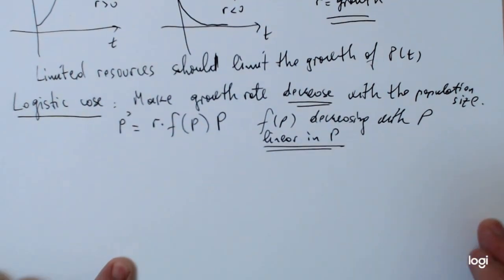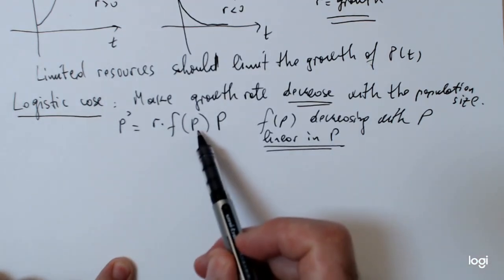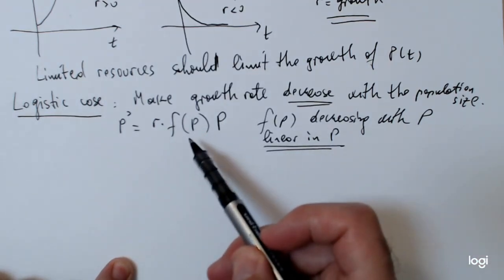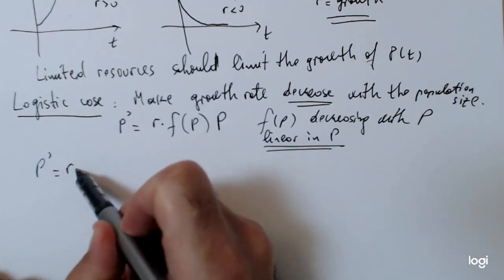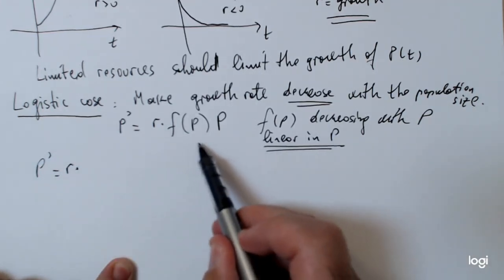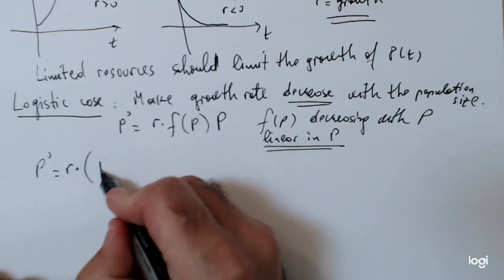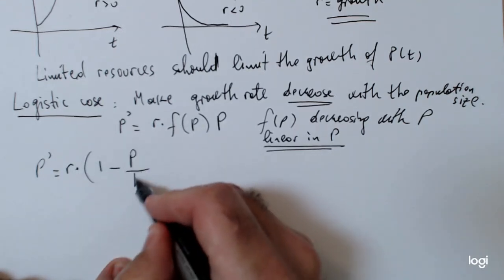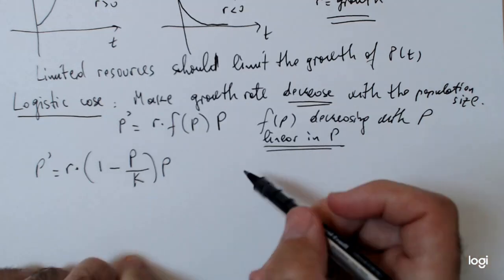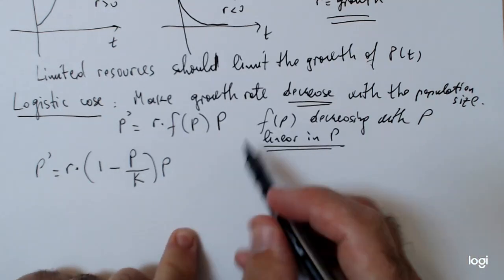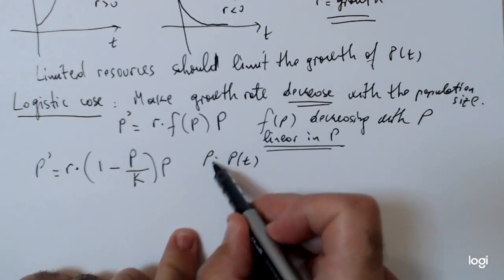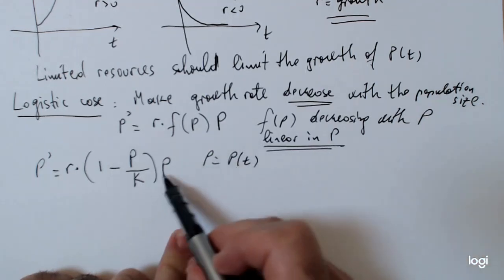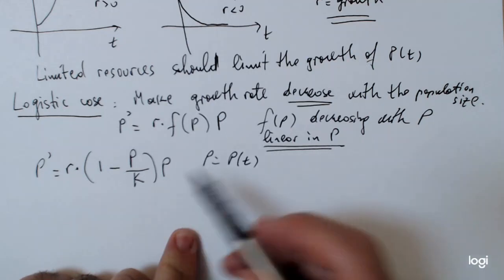And again, there's no limit on how you can write this. One of the standard ways of writing this equation is to have this decreasing linear function in the form of 1 minus P over some constant K. Now, at this point, I want you to force yourself all the time to remember what is the actual function of t, because for convenience, we don't write P of t all the time.